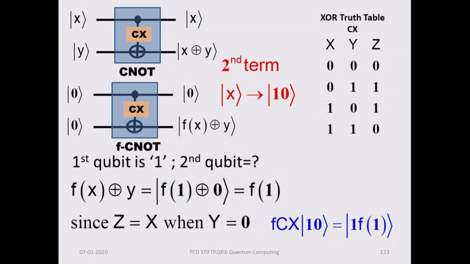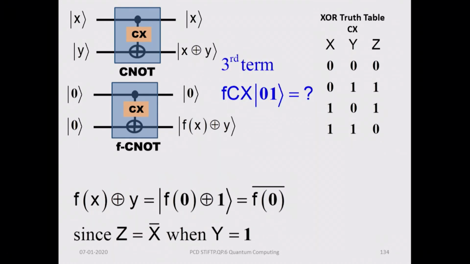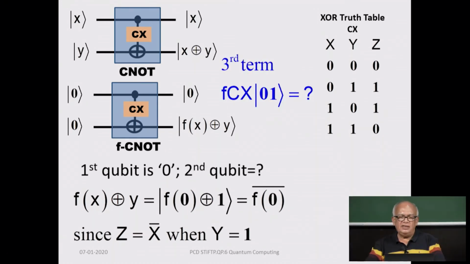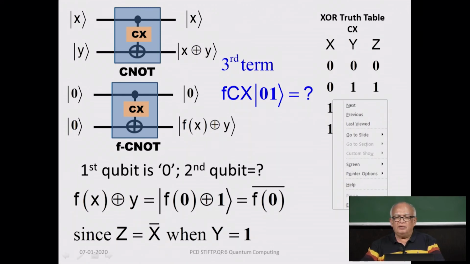So, you got the second term, and now you can get the third term, which I need not discuss in detail except point out that now y is equal to 1, all right. You have to determine function control not of 0 1. So, x is 0, but y is not 0 this time, y is equal to 1, and when y is 1, where is it?